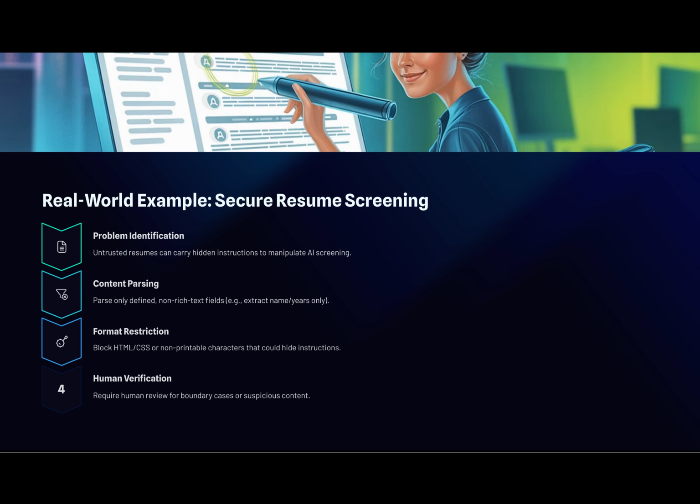This manual review adds an extra layer of protection against potential abuse and helps ensure that only legitimate applications are processed. By combining automated input controls with targeted human oversight, we help safeguard the screening process from manipulation and maintain the integrity of the AI's decision-making.